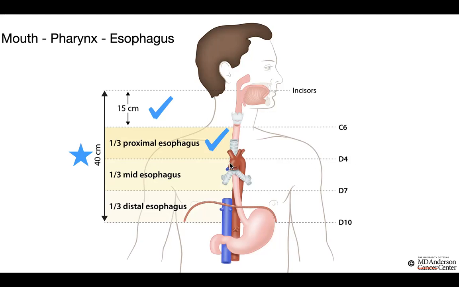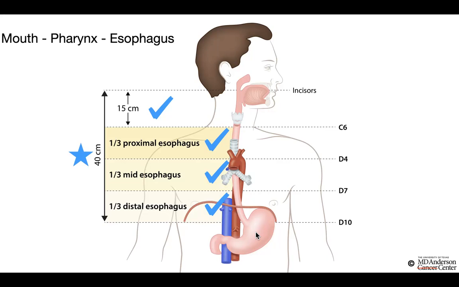As you go further down in the mid esophagus, the trachea bifurcates into right and left, and you will see the heart in front of it. The heart is taken out from here in this diagram. And then as we go down to the lower esophagus, the esophagus goes through an opening in the diaphragm called a hiatus before it enters the abdomen and joins the stomach.